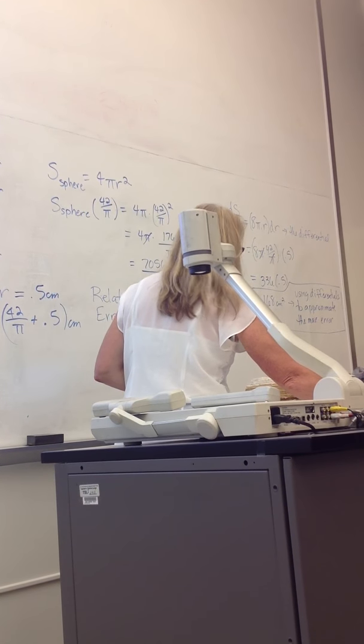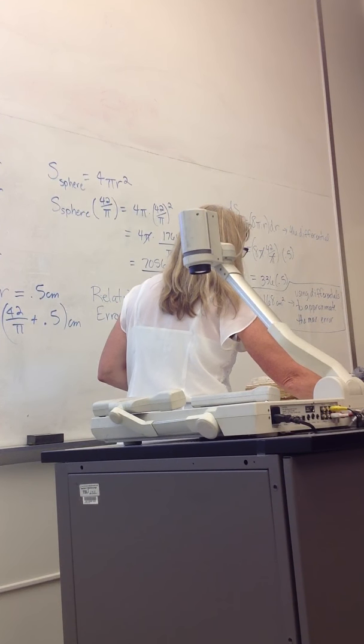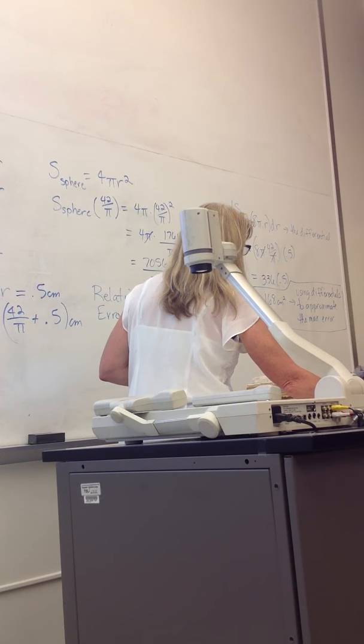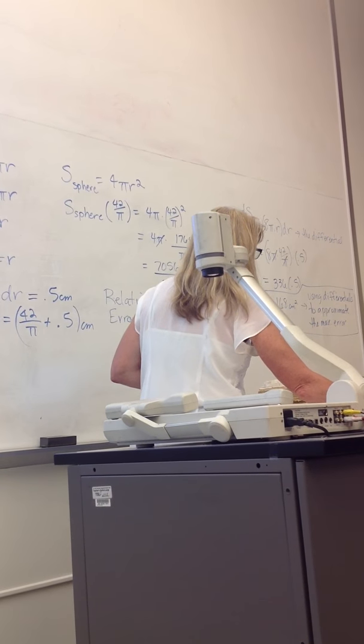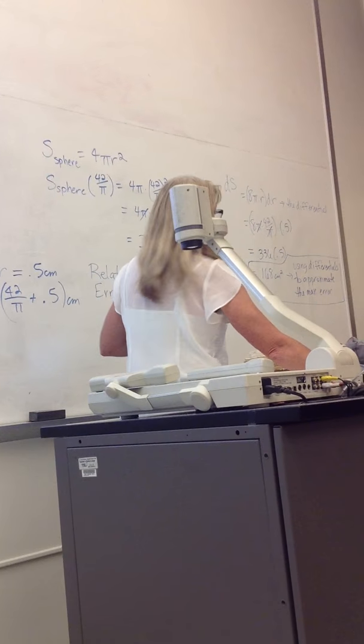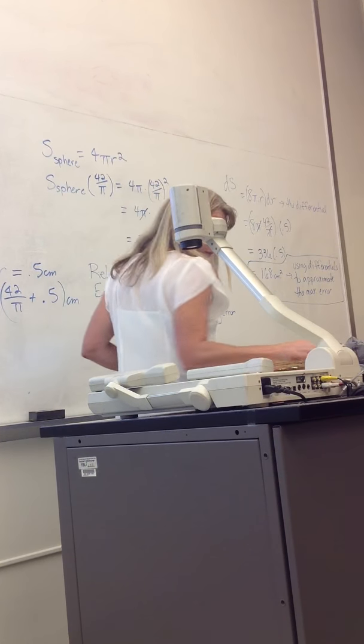So if I took 4 pi times 42 divided by pi plus 0.5, we want to square that.